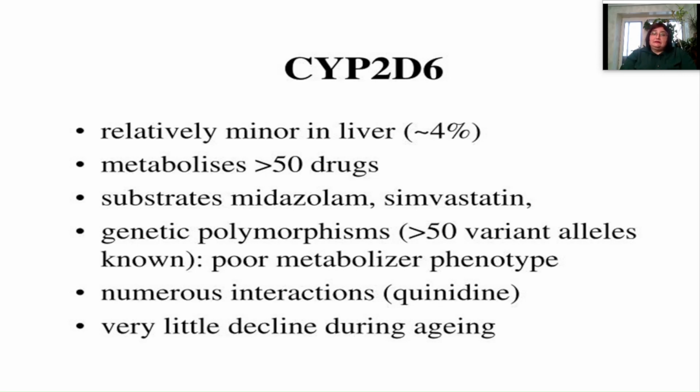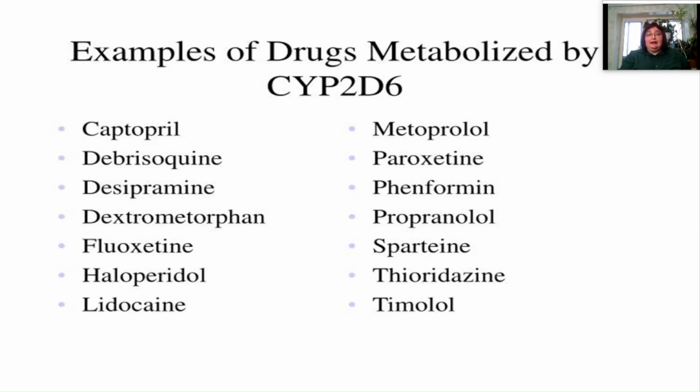When talking about cytochrome 2D6, its relative amount in the liver is less than 4%, metabolizes more than 50 drugs. Substrates are midazolam, simvastatin. Genetic polymorphism, more than 50 variant alleles known. Poor metabolizer phenotypes, numerous interactions, quinidine, very little decline during aging.